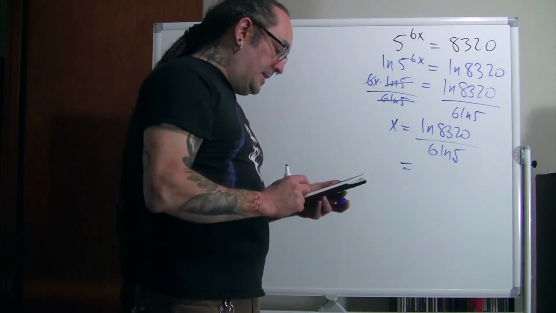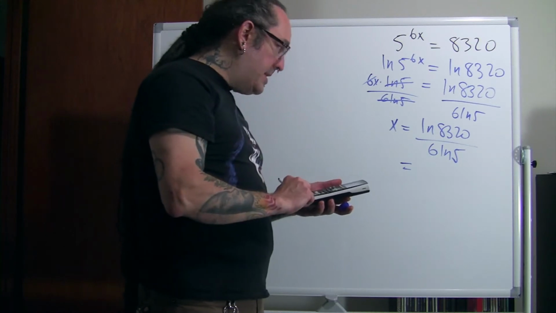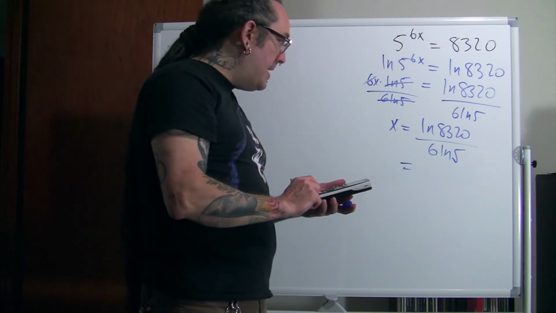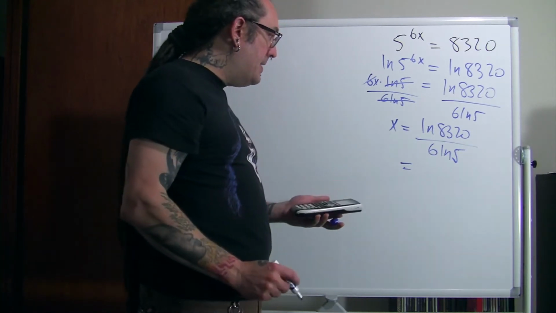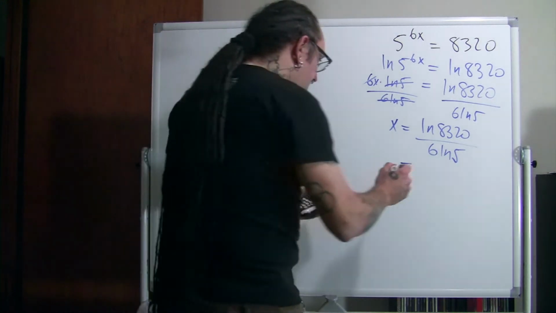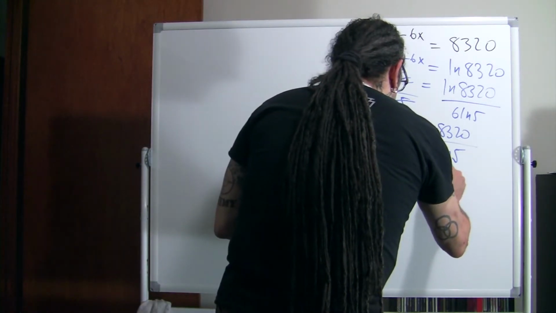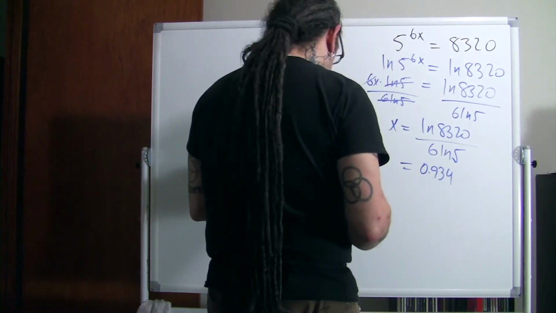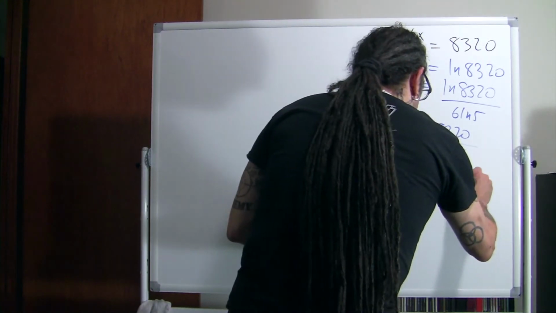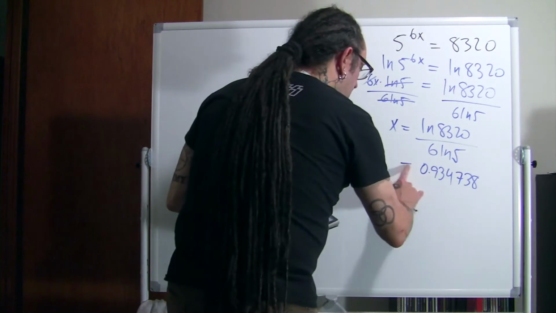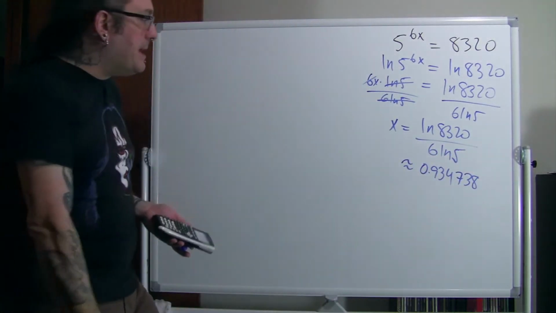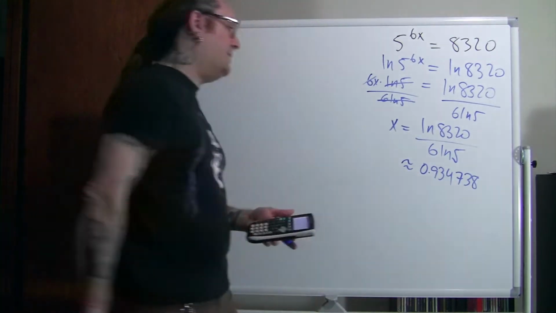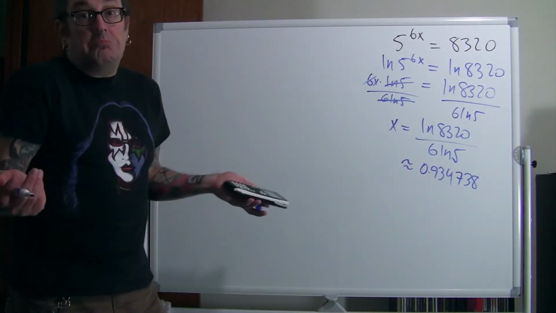So ln of 8320 divided by 6 ln 5, and the answer in the calculator is 0.934738. I have to draw the squiggly equal signs because that's an approximation. I approximated it to 6 digits. And we're done. That pretty much is it.